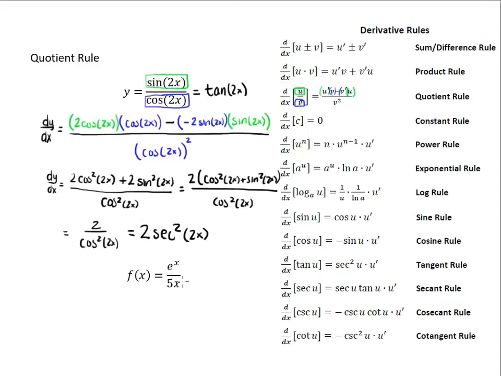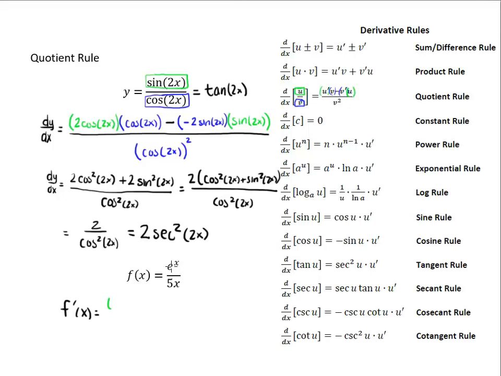All right, let's take a look at this guy right here. We've got f of x equal to e to the x over 5x. This one I just chose for fun. There's nothing special about this one. So f prime of x is equal to the derivative of the top, which is e to the x.